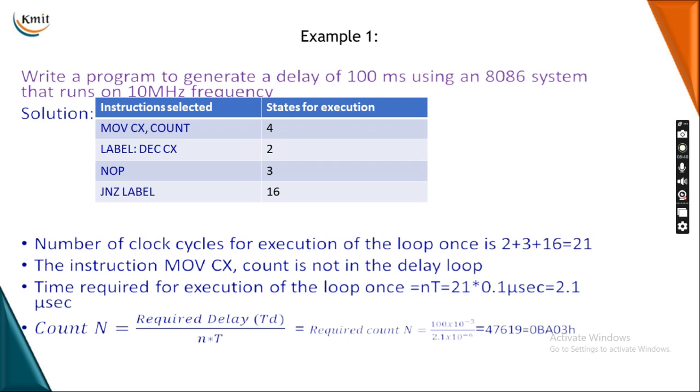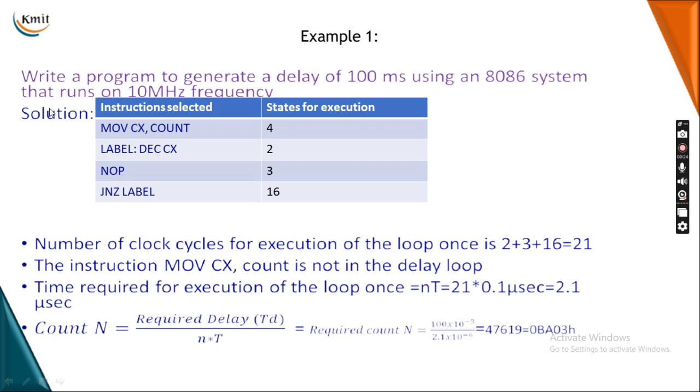MOV CX, count; a label, loop; DEC CX; NOP; JNZ label. For MOV CX, count the states are 4, the label loop is 2, NOP is 3, and JNZ label is 16. So these are the clock pulses required for execution.